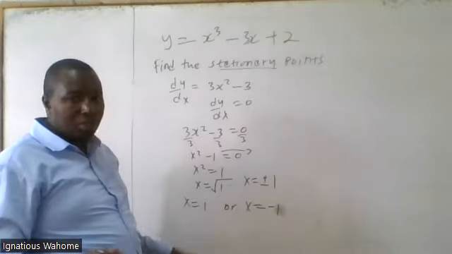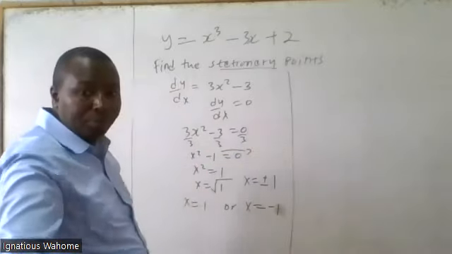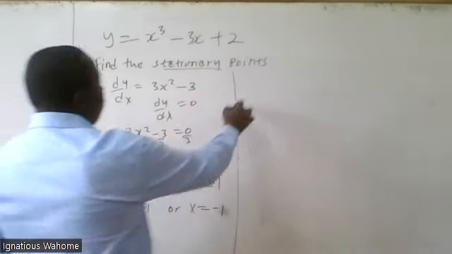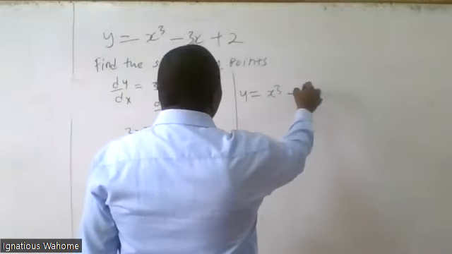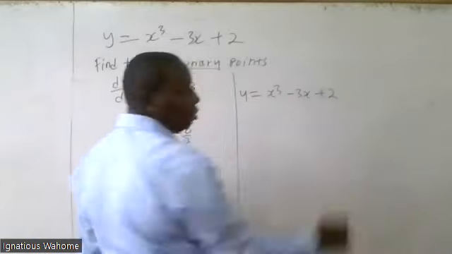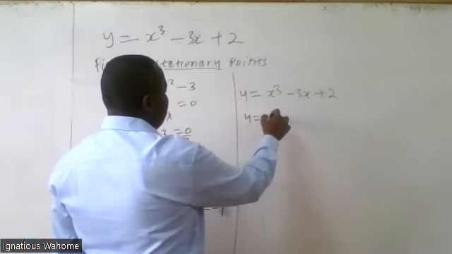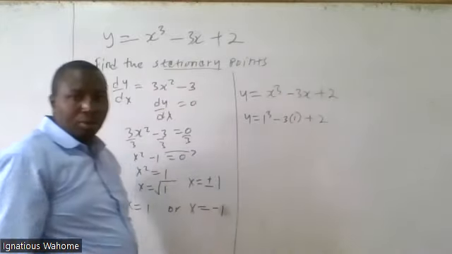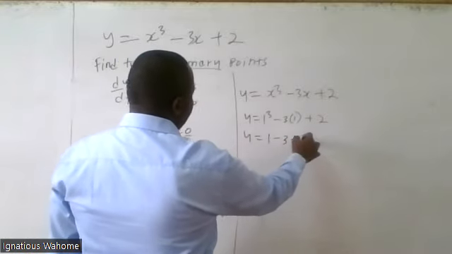Can you find the two values of y now? We have y equals x cubed minus 3x plus 2. Take x equal to 1: y equals 1 cubed minus 3 times 1 plus 2, so y equals 1 minus 3 plus 2.